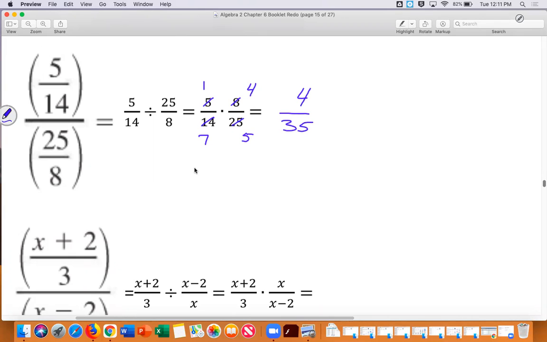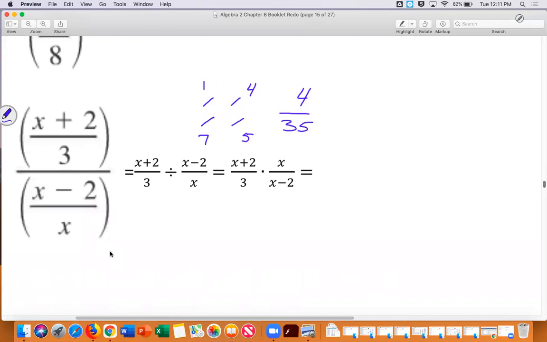Caroline, are you okay with that? Ready, Hansi? All right. In the next problem, you can go now, Hansi. In the next problem, we have x plus 2 over 3 divided by x minus 2 over x. So we multiply by the reciprocal.